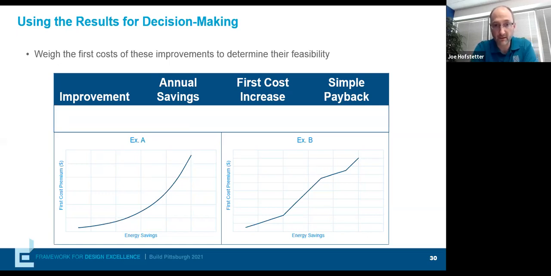In example B, what that's really showing is, for example, a wall system, where as you increase your insulation through a certain wall construction, you're going to continue to improve at a linear rate until you get to a point where, all right, now we have to start thinking about a new way of constructing this wall to be able to include more insulation, or more layers in that wall system.